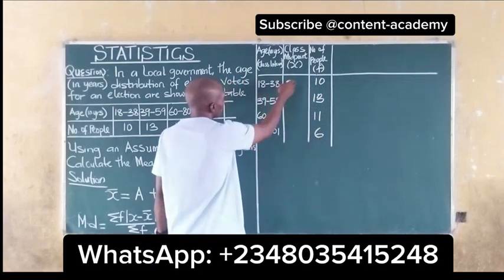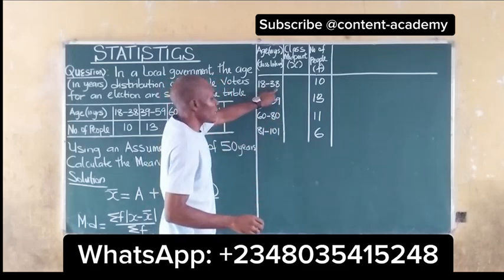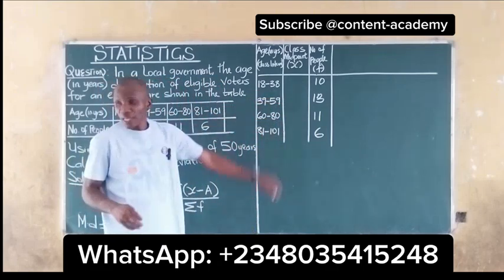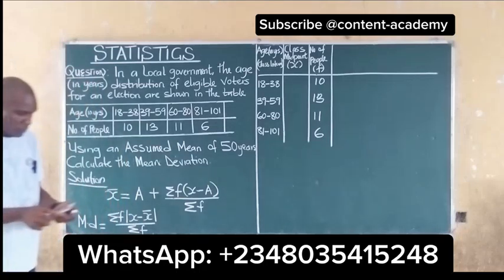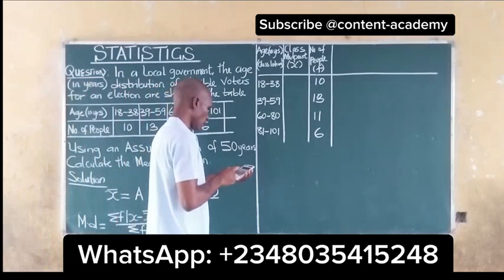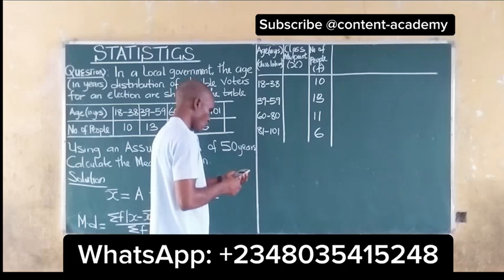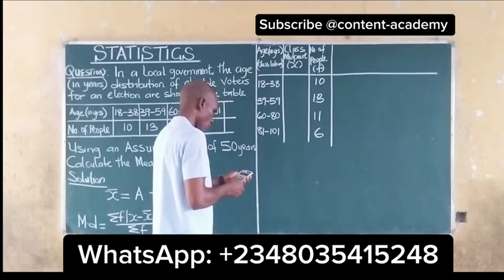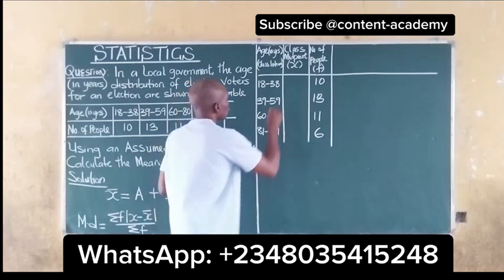Now, how do we obtain our x value? Our x value is obtained by adding 18 plus 38 divided by 2, because that is our midpoint. So 18 plus 38 divided by 2 is 28.